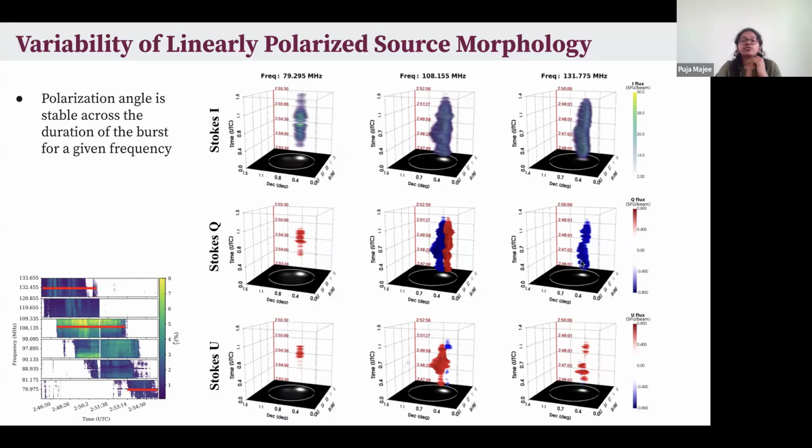But if you look at just one frequency, let's say this one, you don't see any change of the positive-negative signature occurring here, and also the same for here. So even though these are two different bipolar signatures close to each other, they are not changing across time.